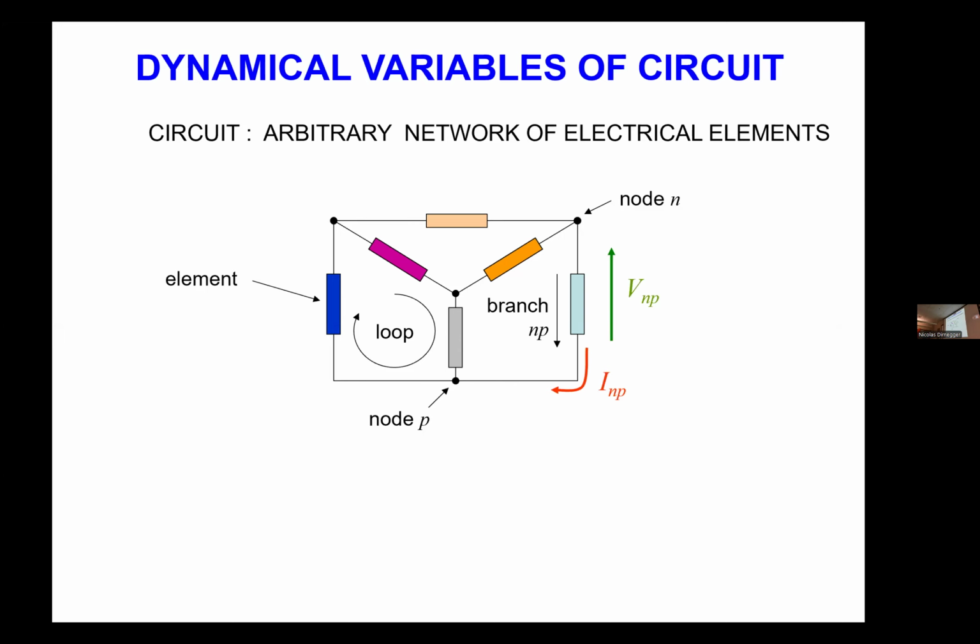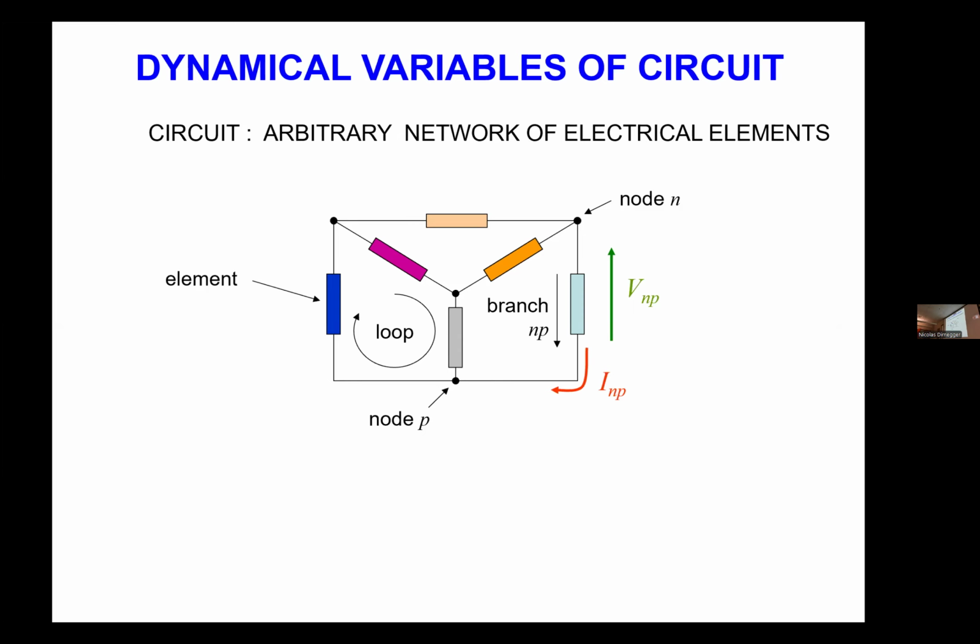Each element is on what is called a branch of the circuit. And then there's a third concept, which is the loop. The loop is a path consisting of branches that returns to its origin.